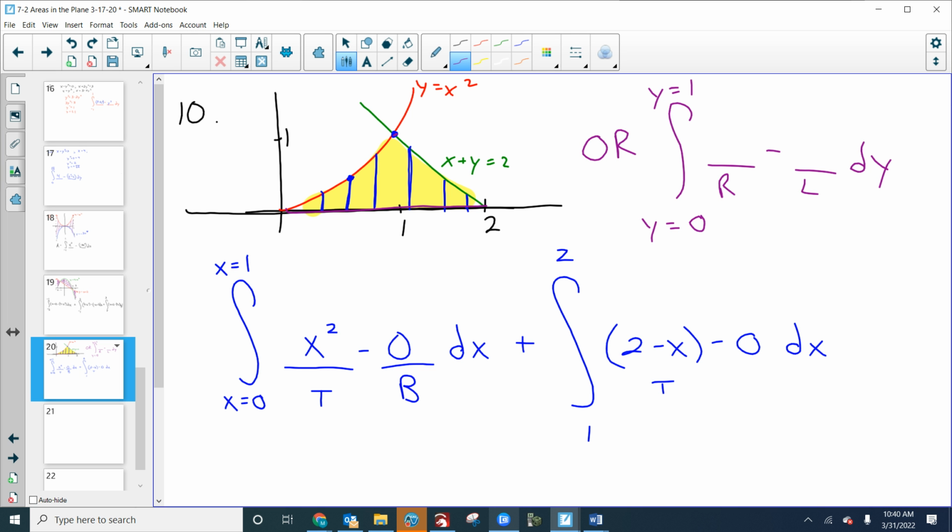Ready? Right, left, right, left. Would you look at that? One integral. Because the green is always the right function and the red's always the left function on the interval we're stacking, right? Right function, careful, right function.